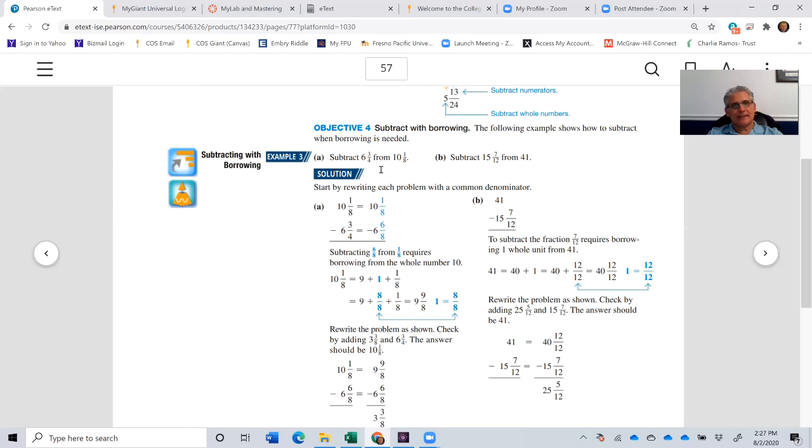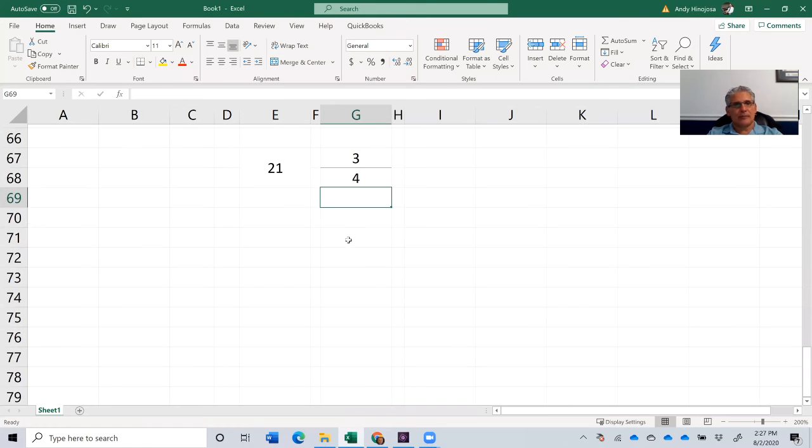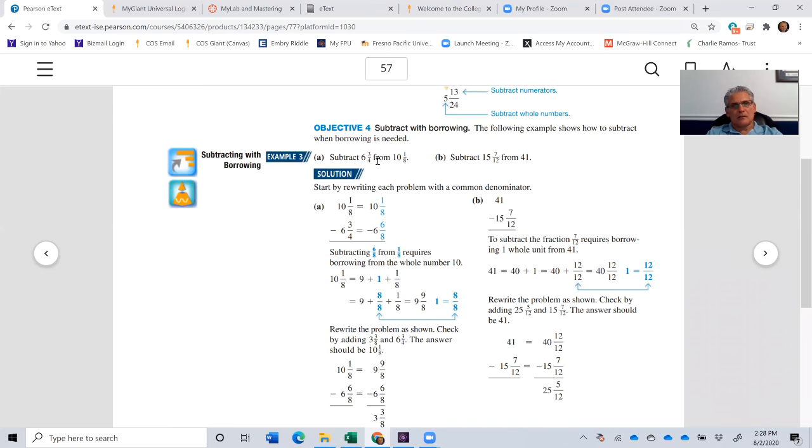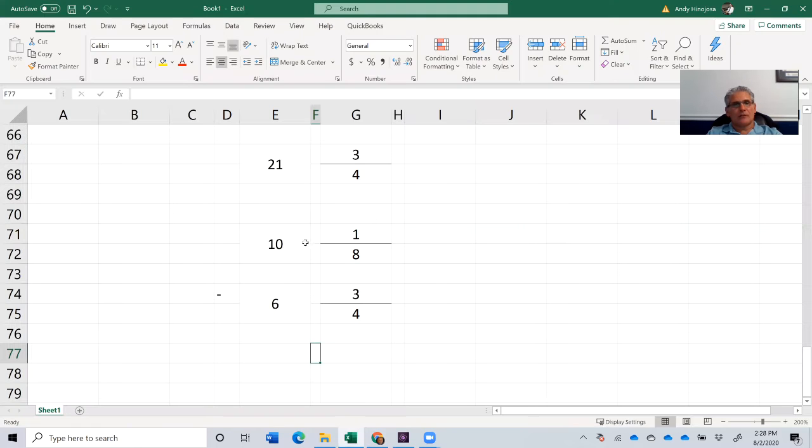Let's take a look at this example where we're subtracting 6 3/4 from 10 1/8. So the problem says subtract 6 3/4 from 10 1/8. That means we're going to start with 10 1/8 and subtract 6 3/4. So 10 1/8 minus 6 3/4.